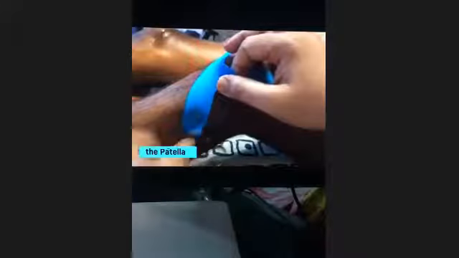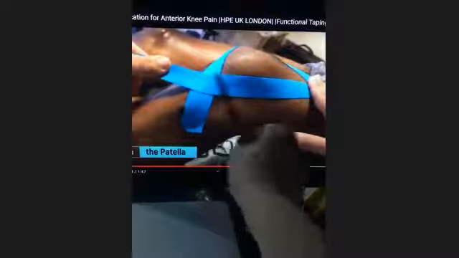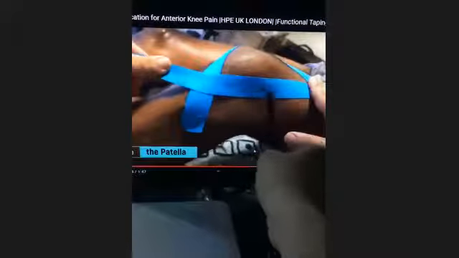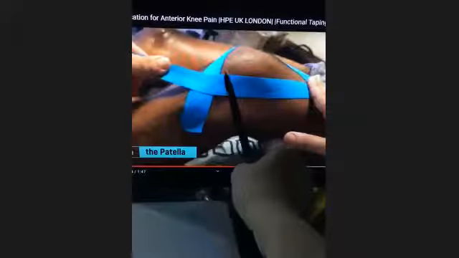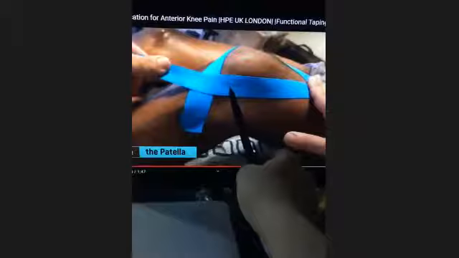So once you apply the musculotendinous junction, around the borders of the patella, you cross it on the patella tendon that is above the tibial tuberosity. So this is the tibial tuberosity. You're going to go with 50 to 75% stretch. Remember, we talked about more stretch, deeper connective tissue, less stretch, superficial connective tissue.